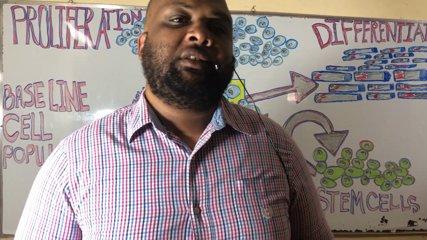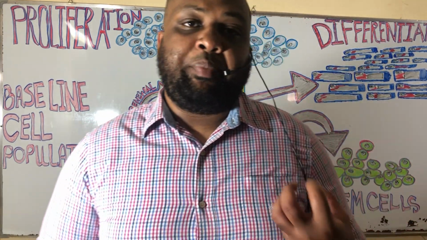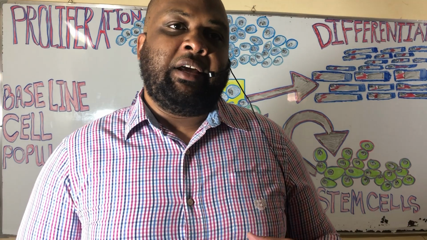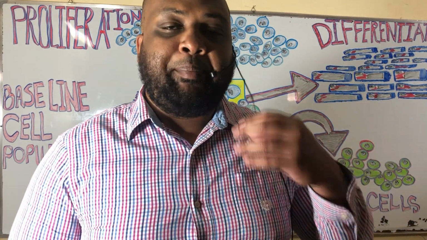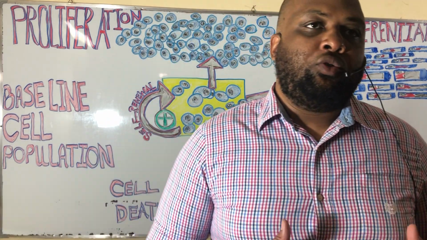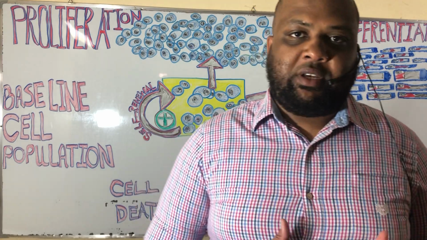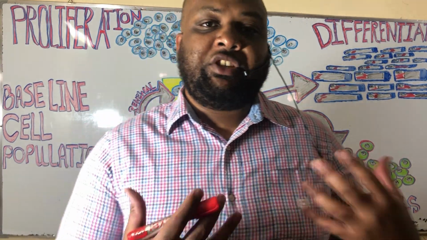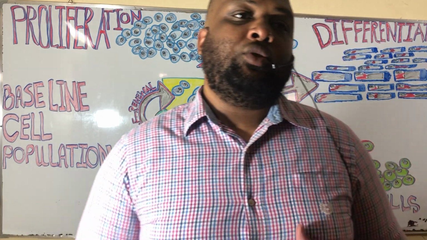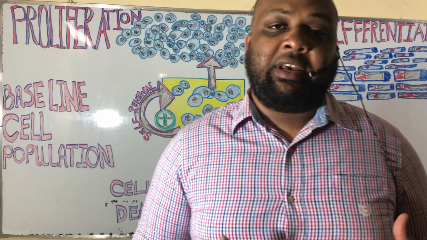Differentiation is a process by which cells mature and differentiate from a primordial form, that is a neutral form, into a form that has the capacity to perform structural and functional properties. So these cells differentiate into a more mature and a more structurally and functionally active form.